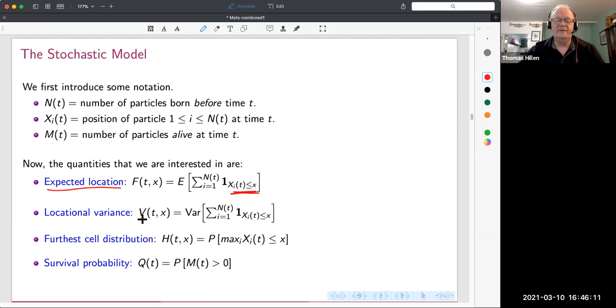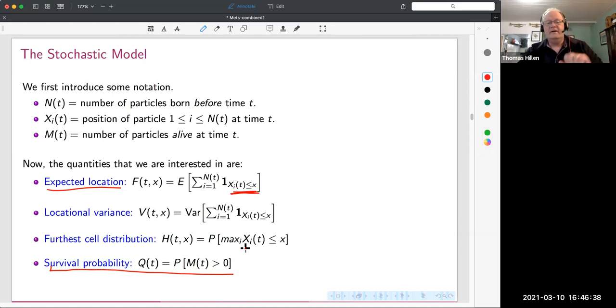The local variance, the variance of F, so the locational variance, the distribution of the furthest particle, the probability that the maximum of the xi is less or equal x, and then the survival probability, which is most important to us. This is now the survival of the metastasis, not the survival of the patient. So it's a survival probability of the metastasis.